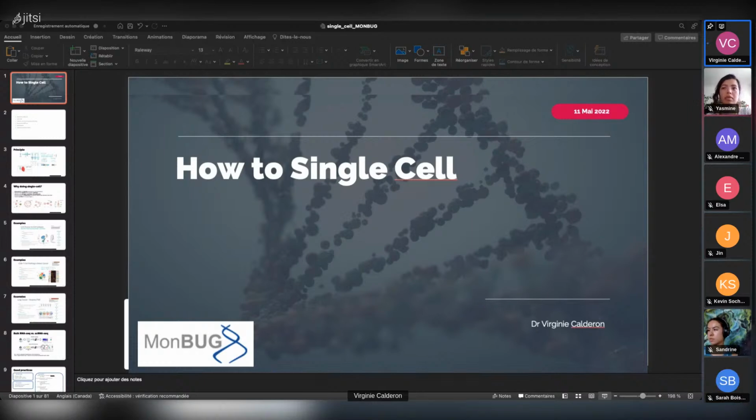So for some biological question, it could be interesting to see if something is regulated differently in some conditions. You can also discover new cell types, new cell states or rare populations. So if you are doing bulk RNA-seq, you will not see this type of signal, but by doing a single cell experiment, you will be able to detect small populations.